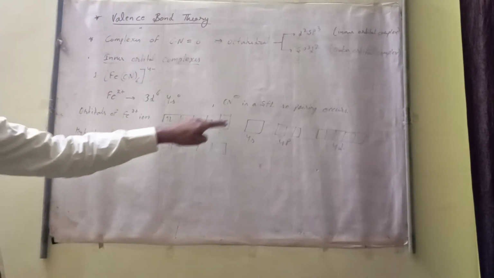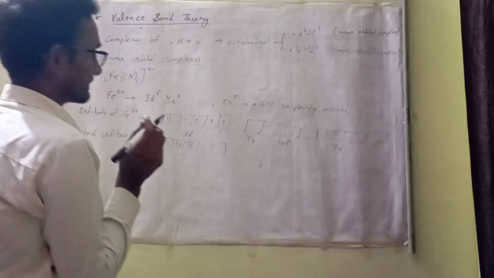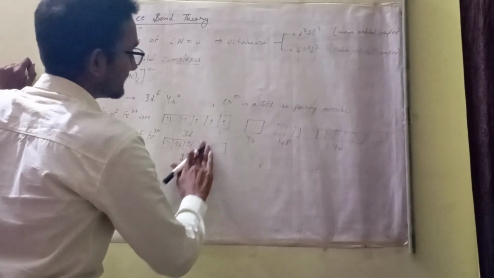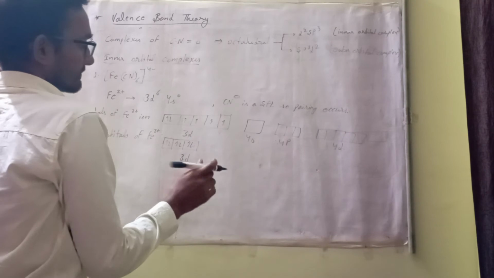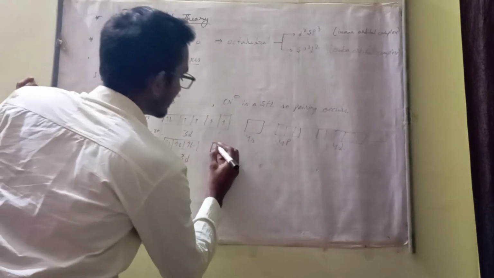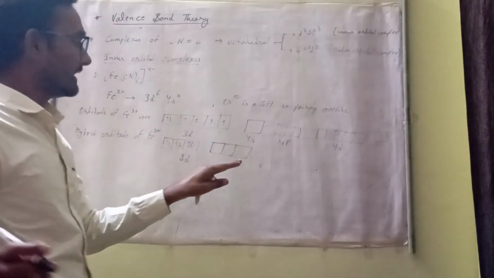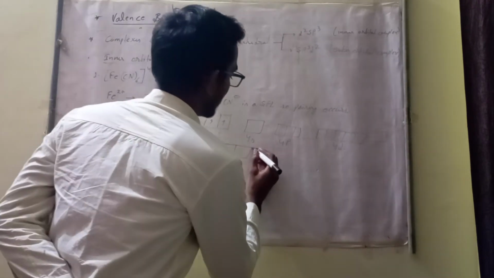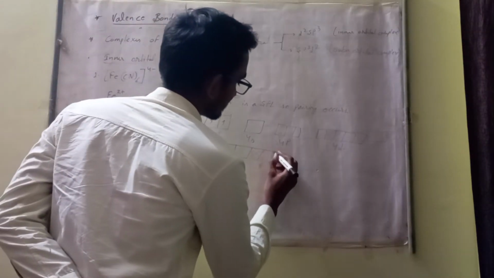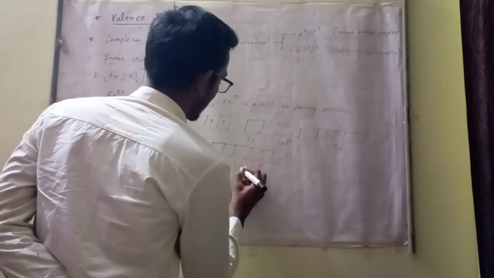Here pairing occurs as CN minus is a strong field ligand. Okay, 2 d orbitals are vacant from 3d, so these are involved in the formation of hybrid orbitals. 2 orbitals from the d, 1 orbital from the s, and 3 orbitals from p. Then the hybridization is d2sp3.